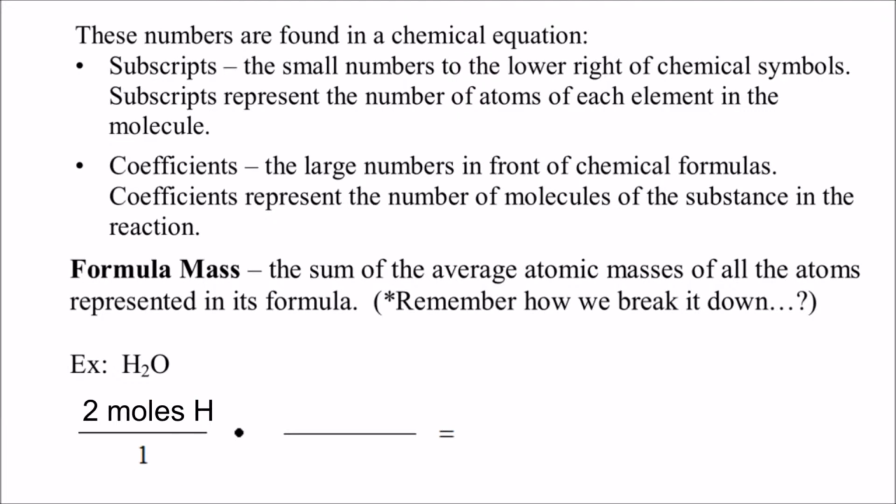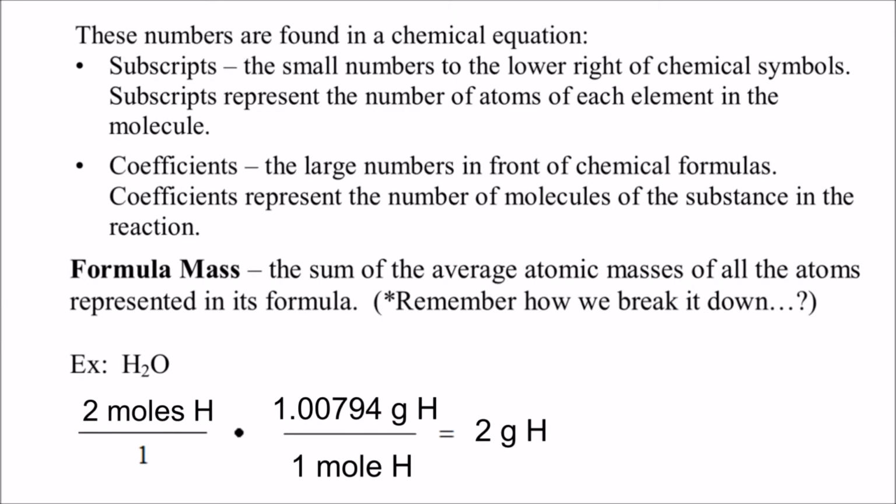Here's one more. Let's say that we wanted to figure out how many grams of hydrogen there are in 1 mole of water. Well, in 1 mole of water, we have 2 moles of hydrogen. So let's see how many grams of hydrogen that is. We have 1 mole of hydrogen on bottom is equal to the molar mass of hydrogen in grams on top, and we multiply across the top, divide along the bottom.